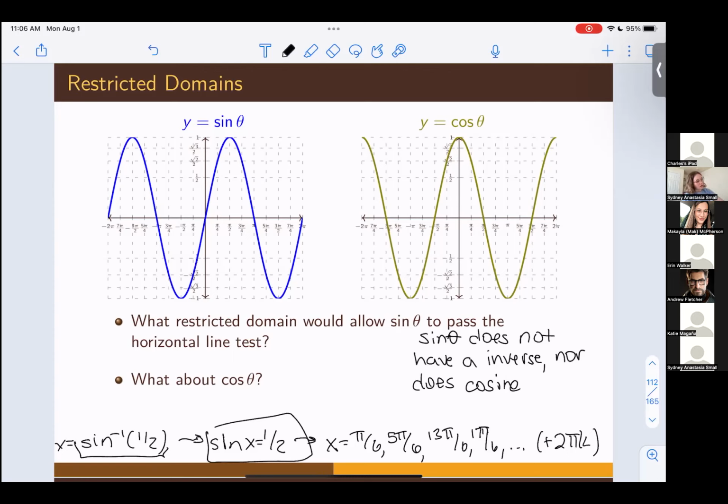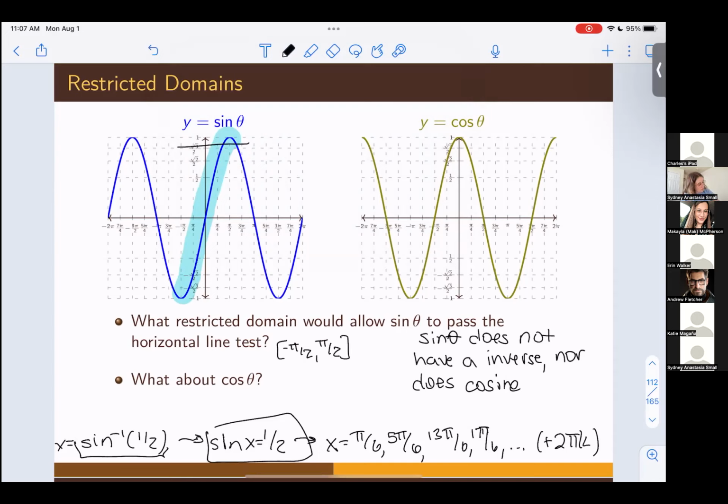Well, mathematically, there is a standard part of the domain we restrict to, and it is from here to here. We use that little principal chunk of the sine function as our restricted domain for working with the inverses, and that happens to be from -pi/2 to pi/2. Notice that this passes the horizontal line test.